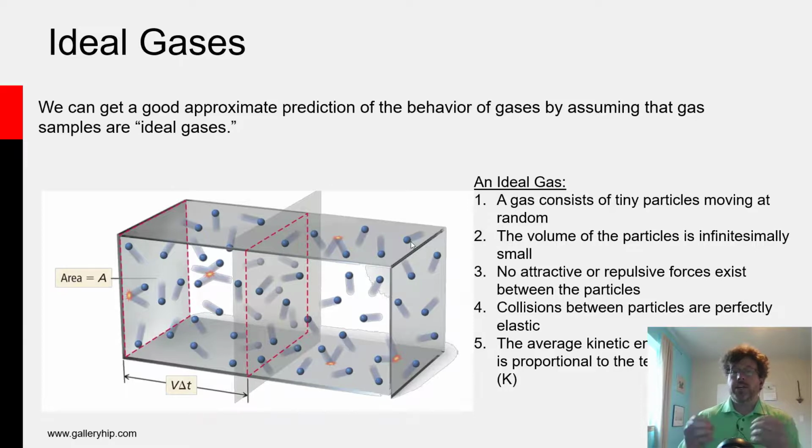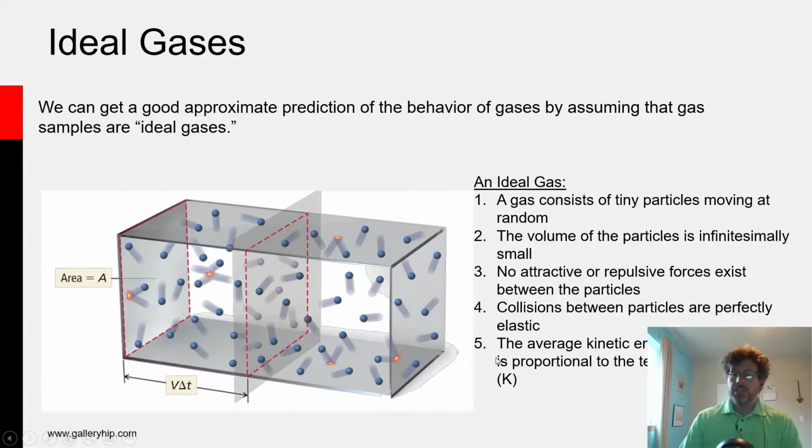But in general, the gas particles are so far away from each other most of the time that we can simplify our math by treating those attractive or repulsive forces like they don't exist, because the particles are generally too far apart for those forces to make a difference. And if we assume that the collisions between the particles are perfectly elastic, that further simplifies our math.